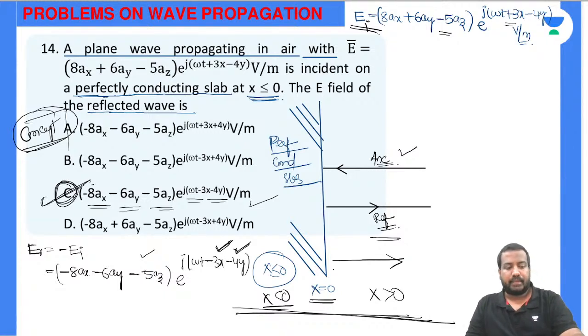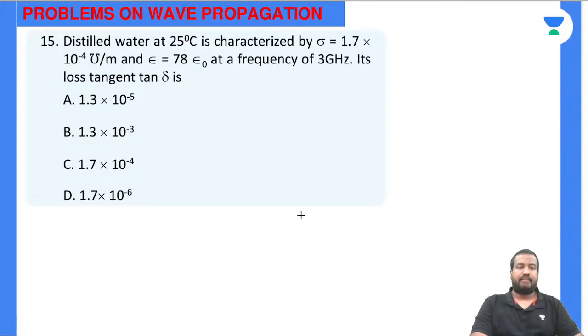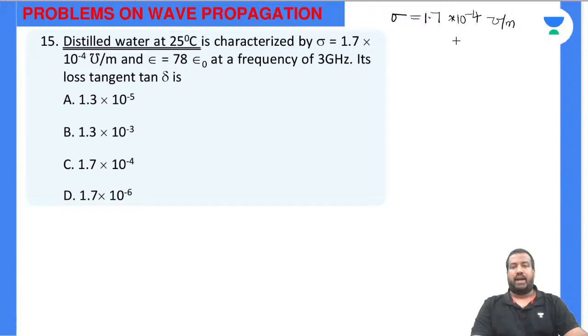Now, try to solve this question, dear. Distilled water at 25 degrees Celsius is characterized by sigma equal to 1.7 into 10 power minus 4 mho per meter, epsilon equal to 78 epsilon naught, at frequency f equal to 3 gigahertz.